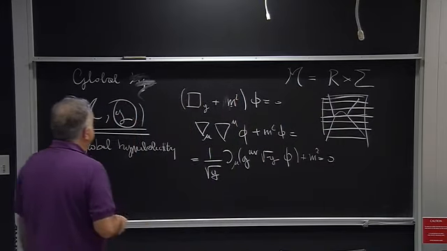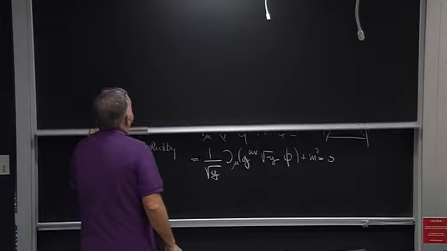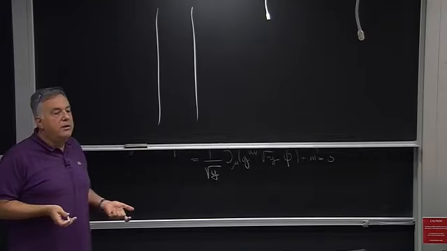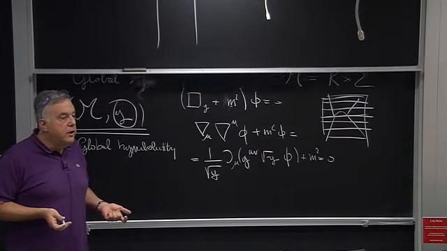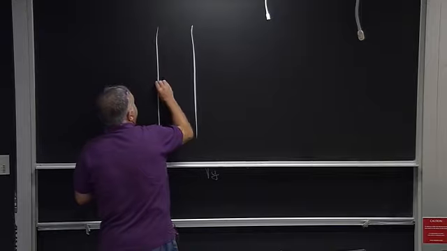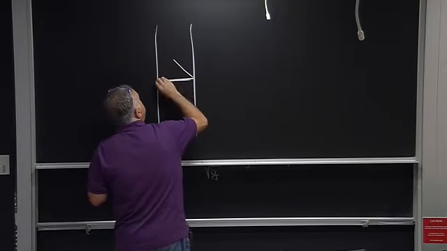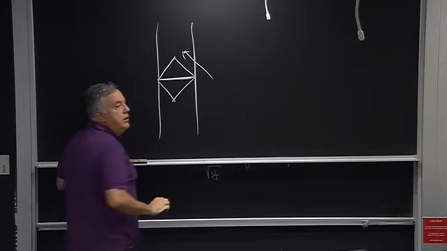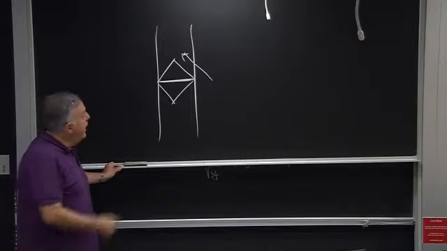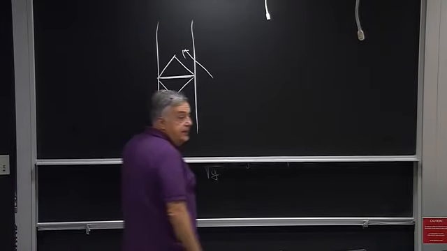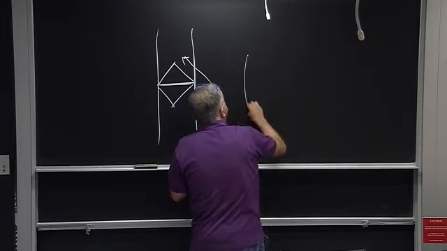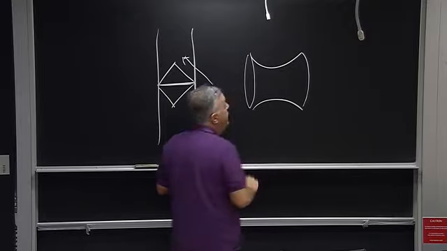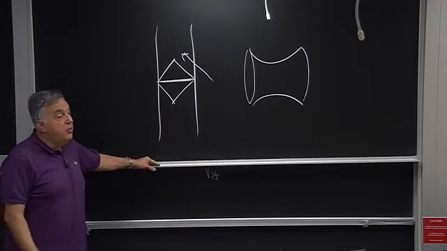So Minkowski is an example of such a globally hyperbolic manifold. But if you cut Minkowski, a strip of Minkowski, this is no more a globally hyperbolic manifold. Okay? Because if you give yourself the Cauchy data here, you can uniquely determine your solution here. But once you are here, information can flow in from the boundary. An example of a manifold like this is anti-de Sitter, which is so widely studied these days. You can think of anti-de Sitter as a hyperboloid this way.